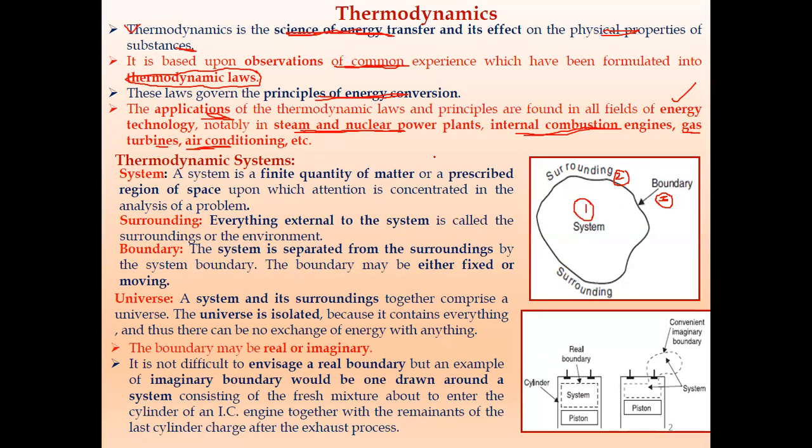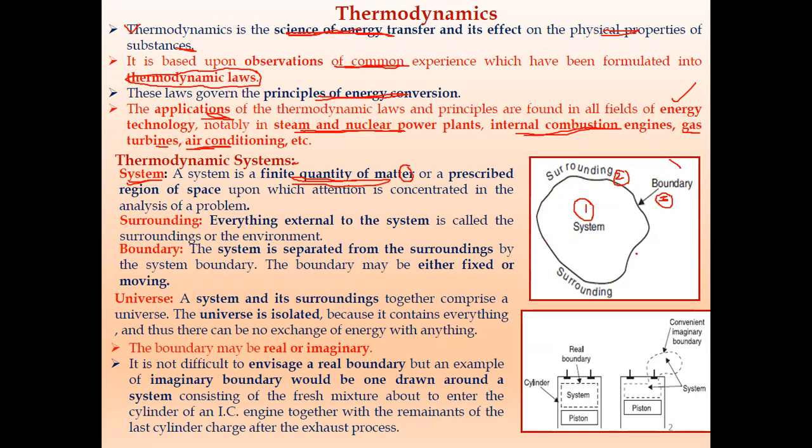Now, what is meant by a thermodynamic system? First we will see what is meant by system. A system is a finite quantity of matter, or finite quantity of mass. Matter is also called mass. Or a system is a prescribed region of space. So we have a region, and in that region we take a small part.